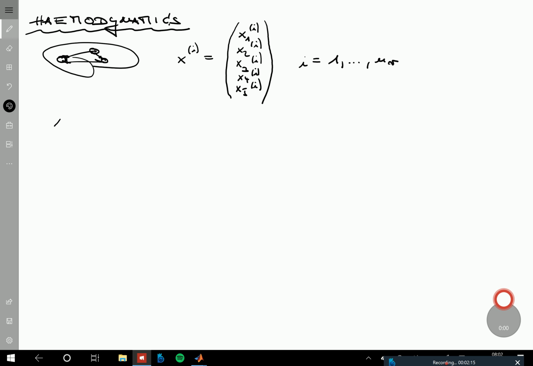And also to simplify things, I'm defining a new state vector here, which comprises the 2nd to 5th state variables. So these are all hemodynamic states.